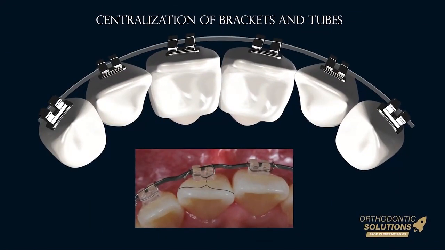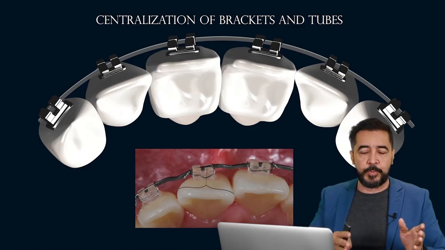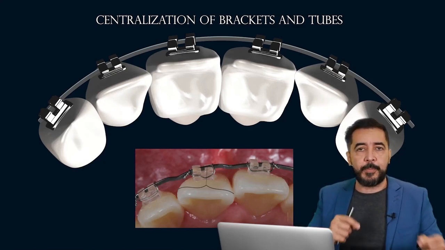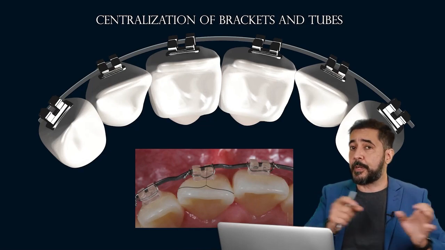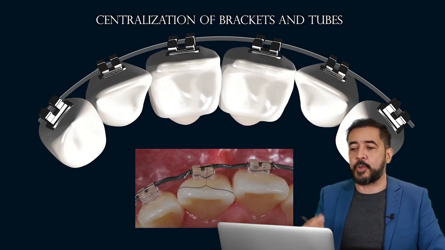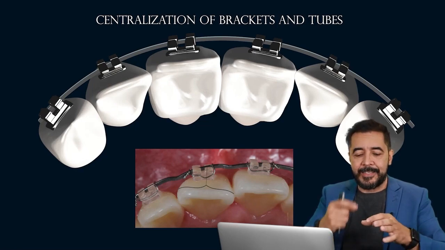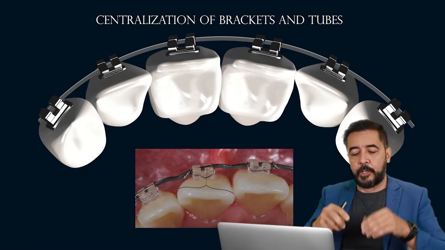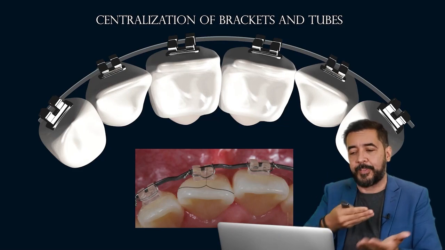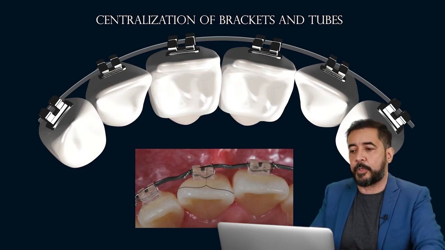First of all, the centralization of the brackets and tubes. Why do they matter for us? Because when we commit mistakes during the centralization, we're putting our brackets or our tubes outside the center of the teeth, looking obviously from behind, from above the models or their teeth.